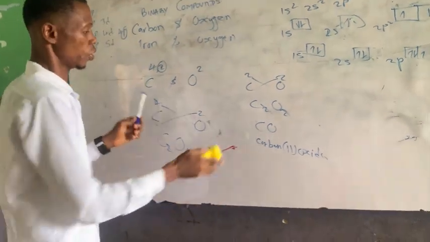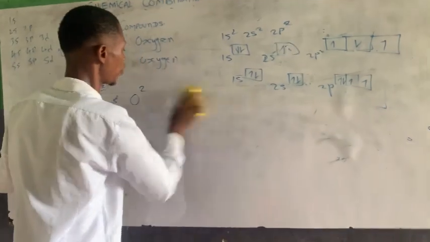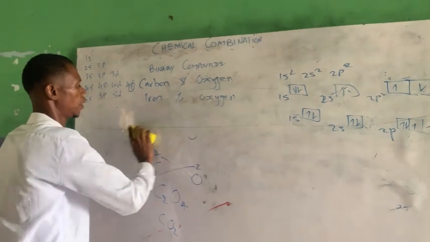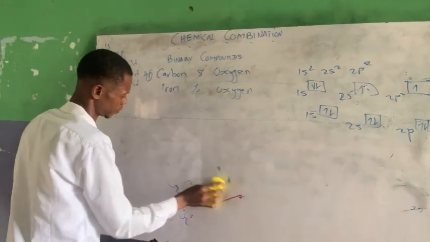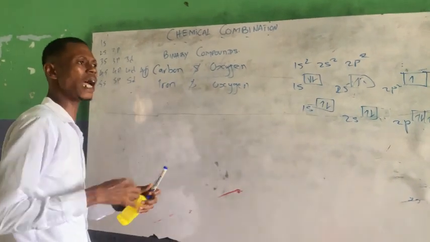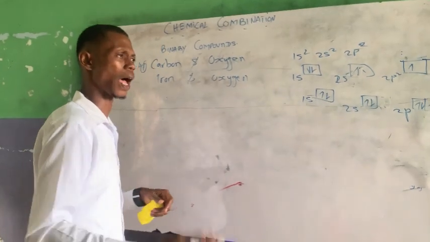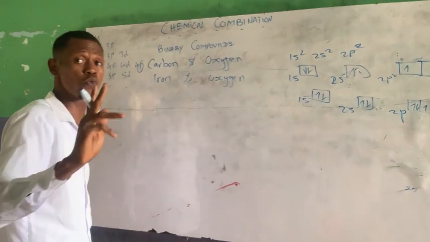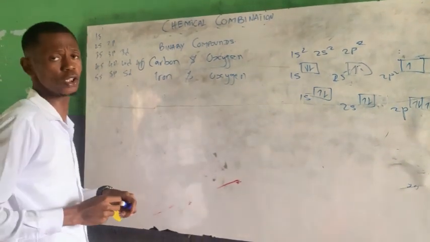Alright. So let us now check for iron. Iron, you can see the same thing. You see iron 3, iron 2. Iron will get 2 valence. Atomic number of iron is 26.